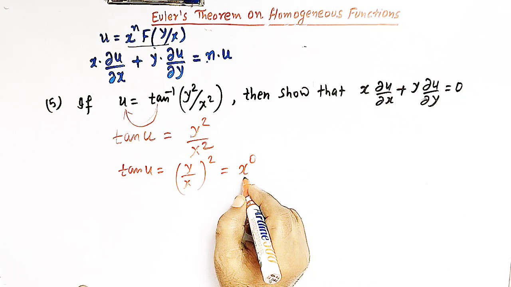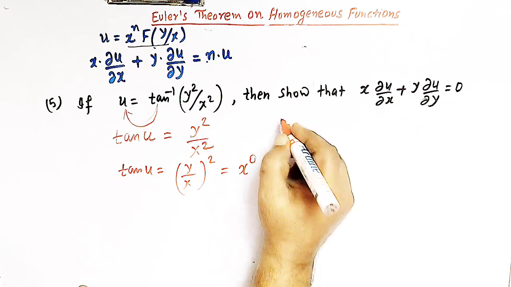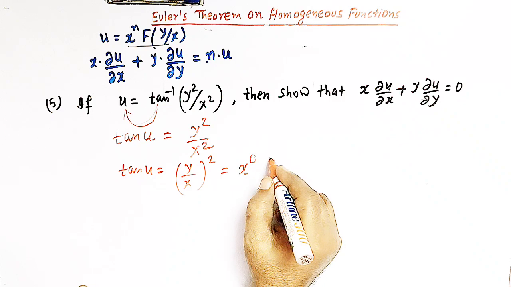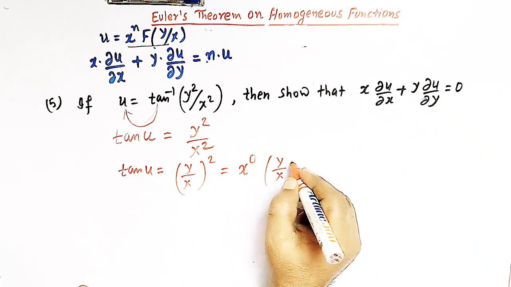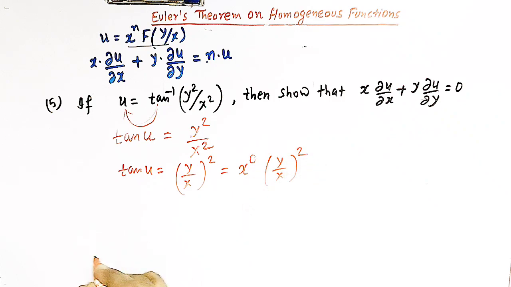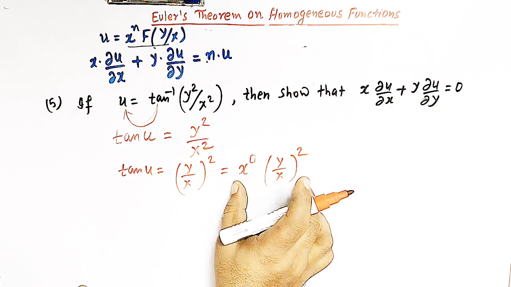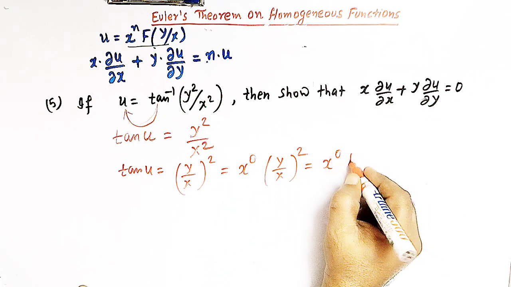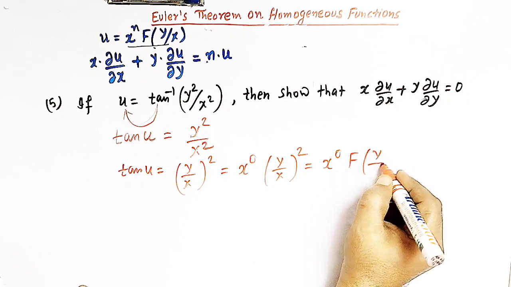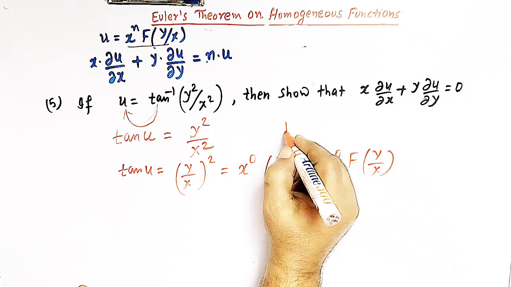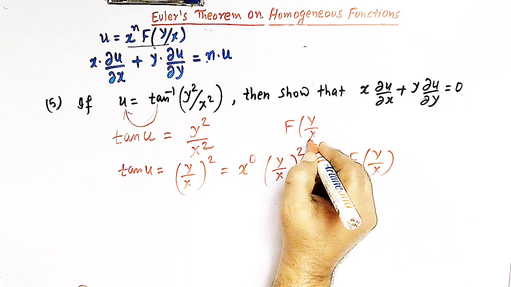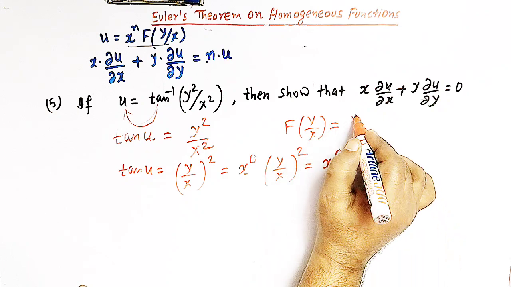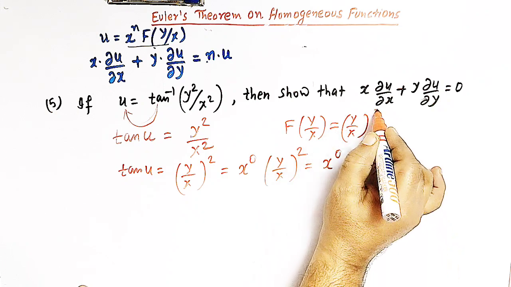This is an important step, x raised to 0, because x raised to 0 is 1, and here we have y over x square, right? And this is of this form, that is x raised to 0 f of y over x, where f of y over x is given by y over x square.